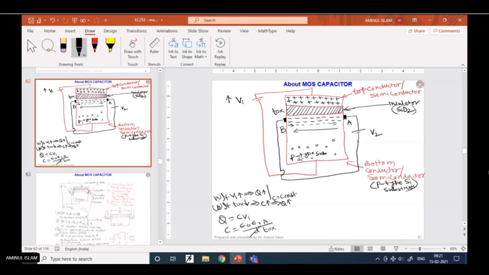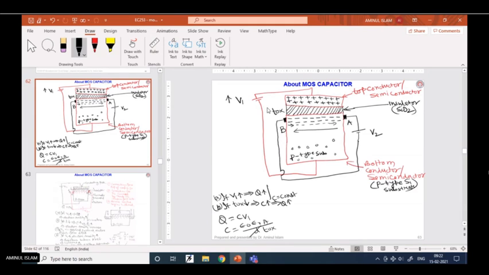But yesterday in the last class we discussed that in p-type materials also, due to thermal generation of electron-hole pairs, there will be a certain number of electrons, and those electrons can be attracted if your V1 is strong enough to do so. If V1 is small, it initially repels the holes, creating a depletion layer of negative ions.